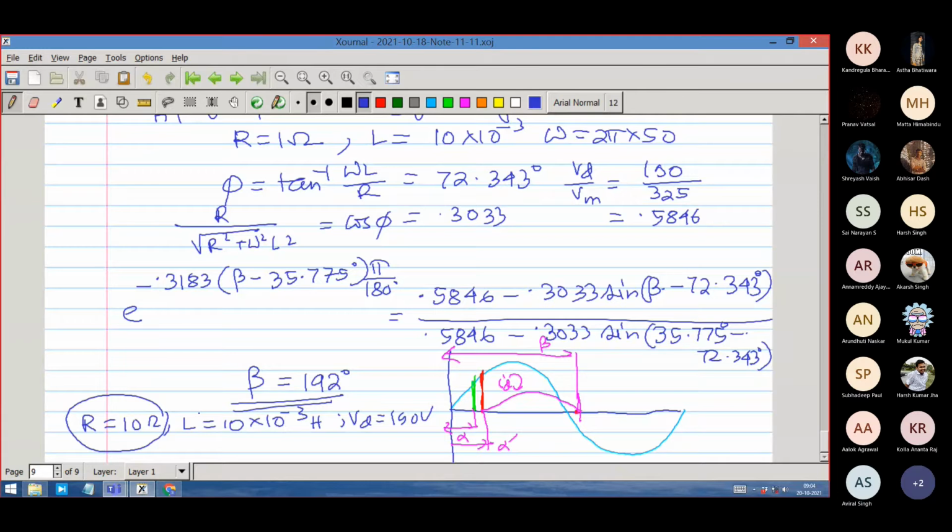You expect this beta to be even less, and I checked it myself. It is coming out to be beta equal to 159 degrees with R equal to 10 ohm.